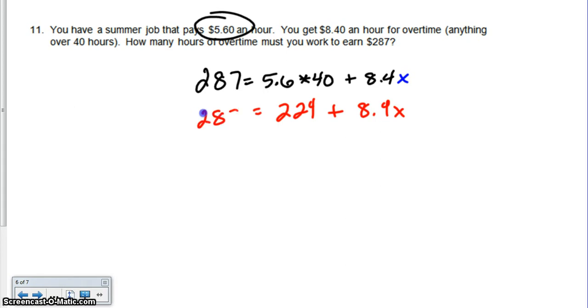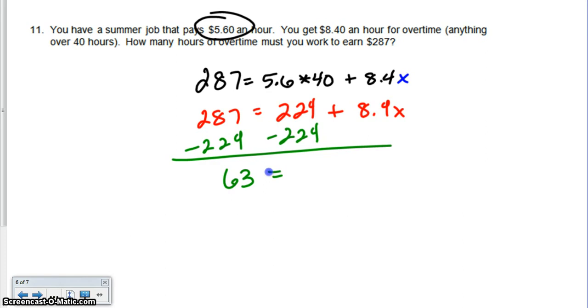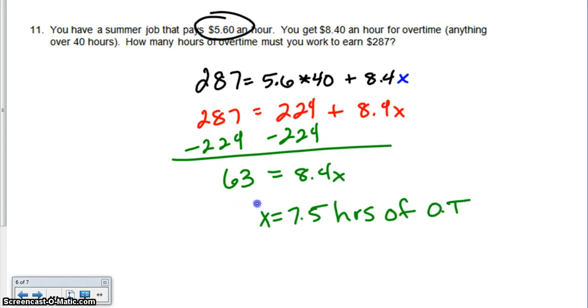We're going to subtract the 224 to figure out how much money in dollars she needs to make for her overtime pay. Oh, let's see, that's 63 equals 8.4x. And if I divide by 8.4 on both sides, turns out that she's got to work 7.5 overtime hours to meet that pay.